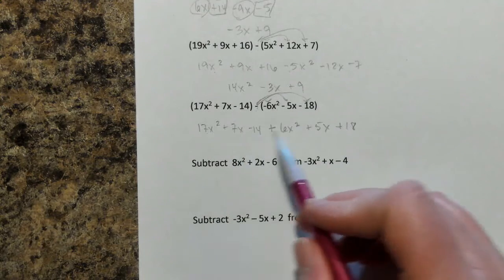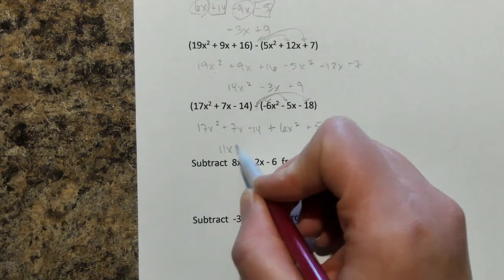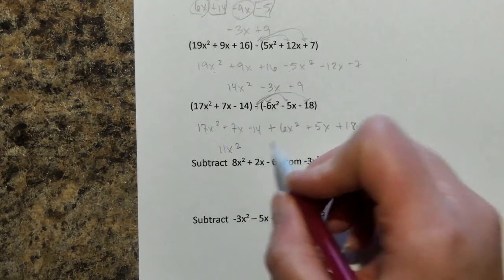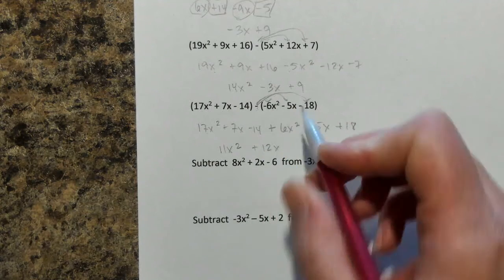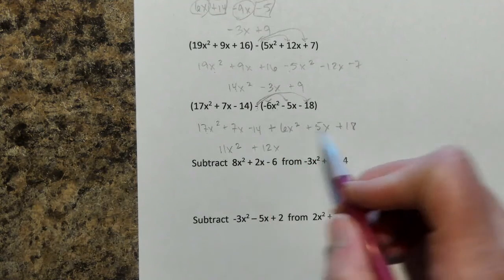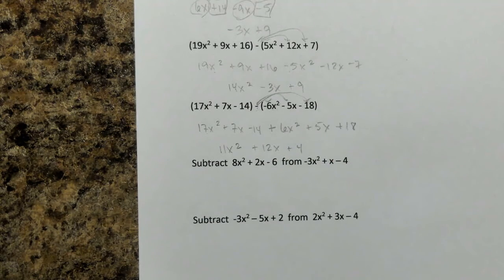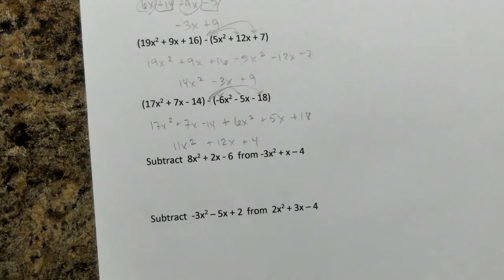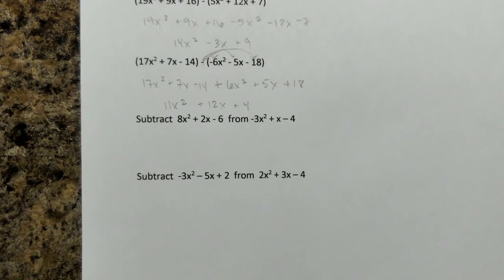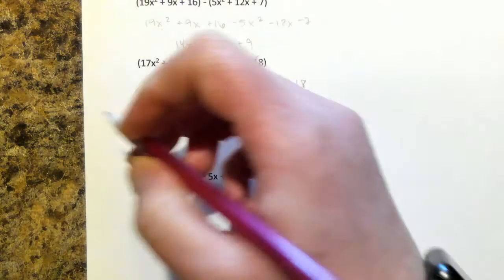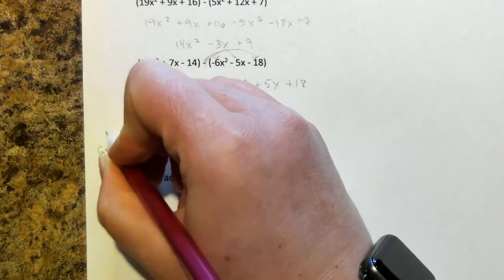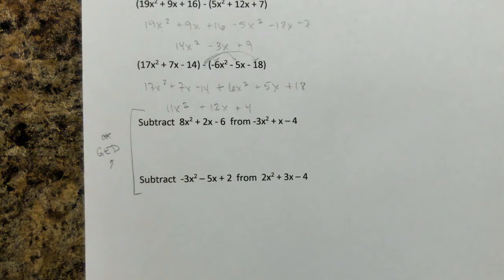So here we have 11x squared, 7x and 5x is 12x. Negative 14 plus 18 is a positive 4. So 11x squared plus 12x plus 4. These two here would be likely GED questions.